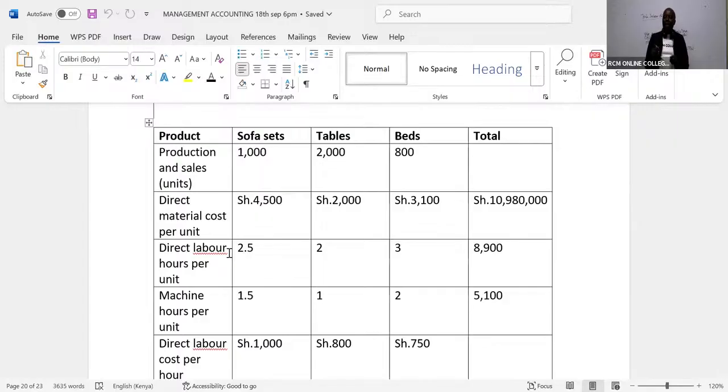If they say this is labor hours per unit, then I must multiply with the total number of units. So this one will be equal to, for sofa sets, labor hours are 2.5, isn't it? Times how many sofa sets? 1,000 sofa sets. Plus some labor hours will be going to, yeah, tables.